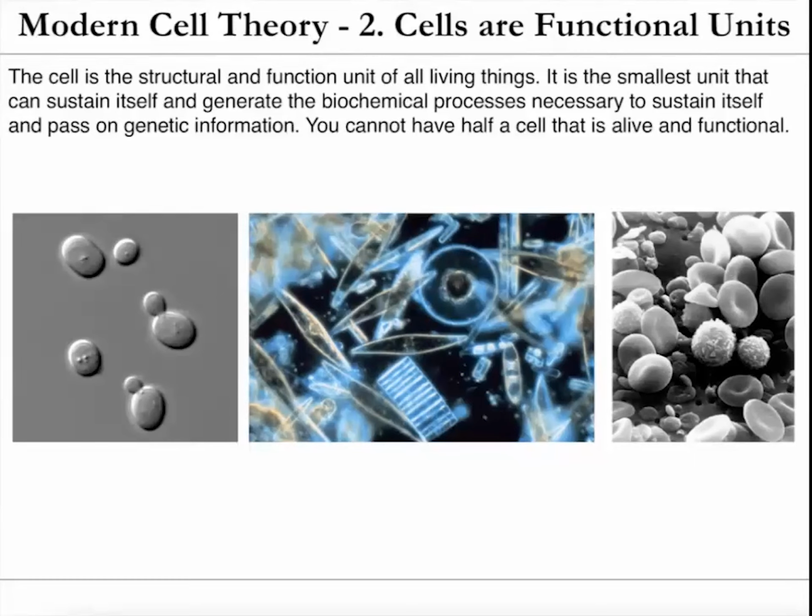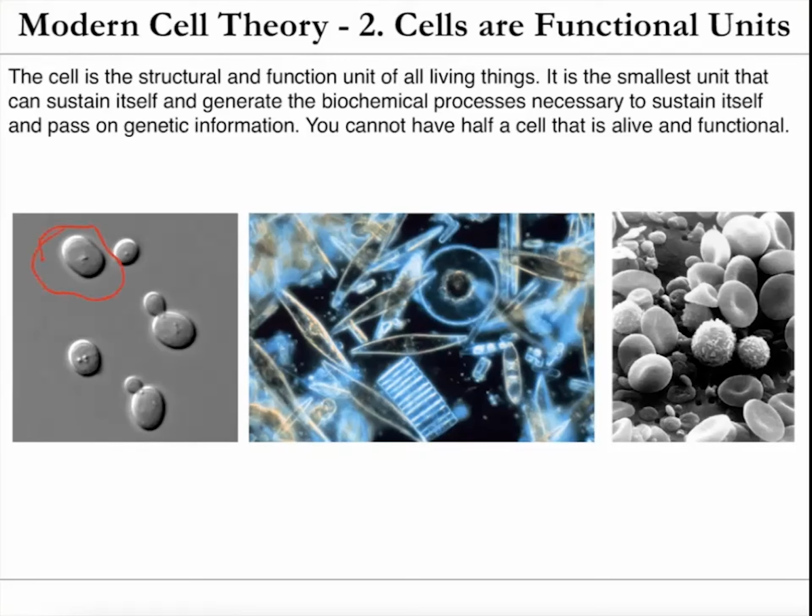Now, point number 2 in the modern cell theory is that cells form fundamental functional units. A cell is the structural and functional unit of all living things. It's the smallest unit that can actually sustain itself and generate all the biochemical processes that we've talked about previously and will talk about in the future, to sustain that individual cell and to pass on its genetic information to other cells.